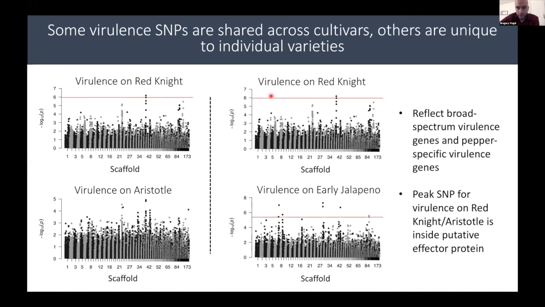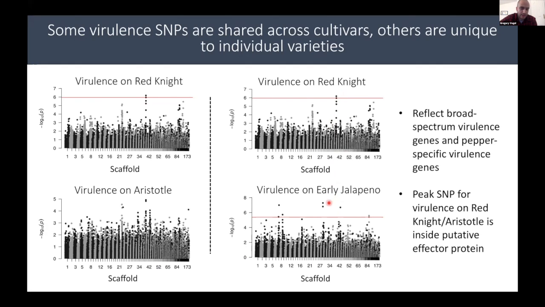On the right, however, we're showing the results for virulence on Red Knight on the top and virulence on the jalapeno variety, Early Jalapeno, on the bottom. And you can see that the peaks are totally independent, indicating that the genes that are involved in virulence on Red Knight are completely independent from the genes in Phytophthora capsici that are involved in virulence on Early Jalapeno.